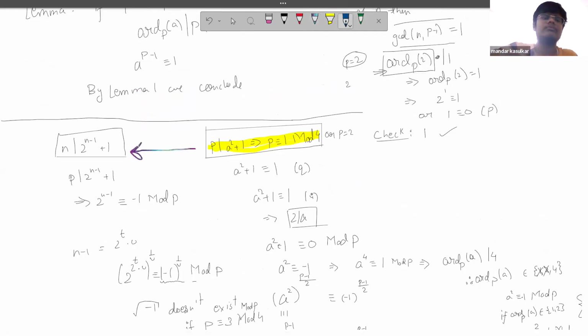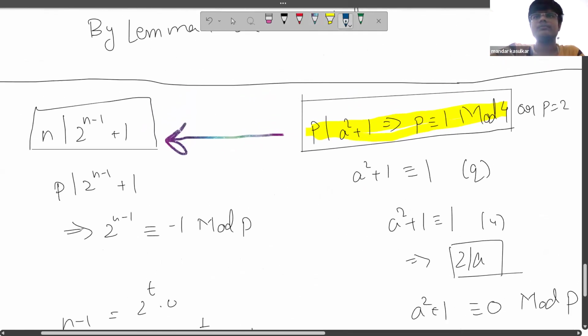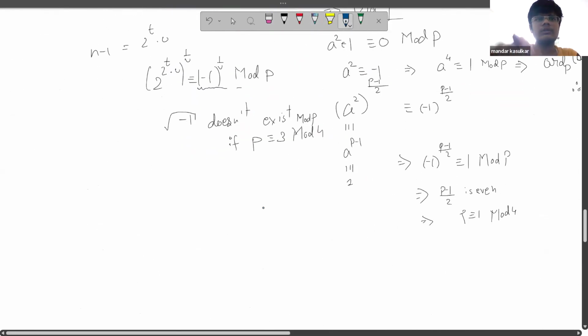Ah, interesting. And that directly gives us that P is congruent to 1 mod 4. Yes, that is correct. So I will write that down, I suppose.